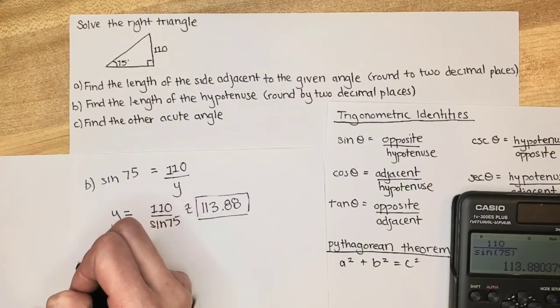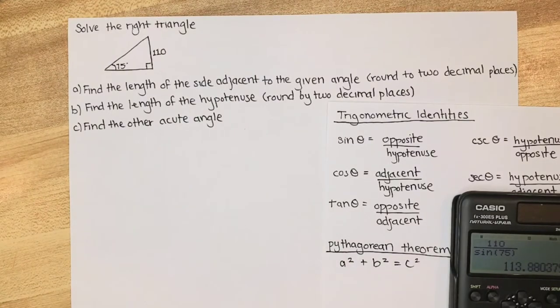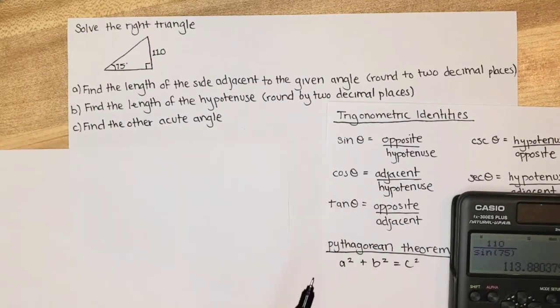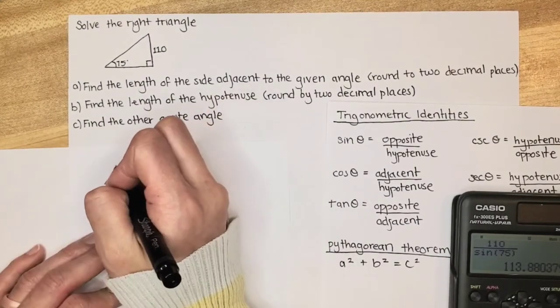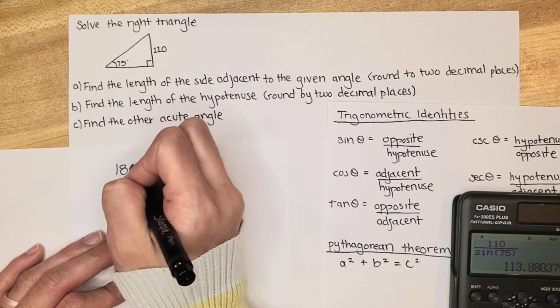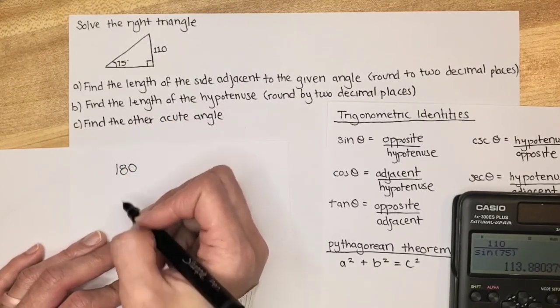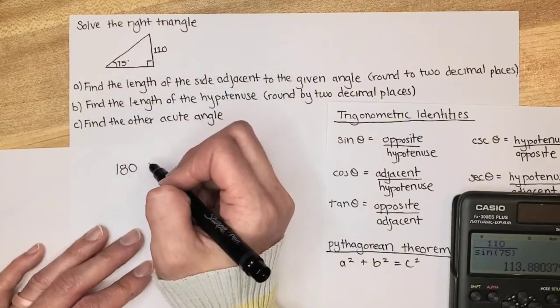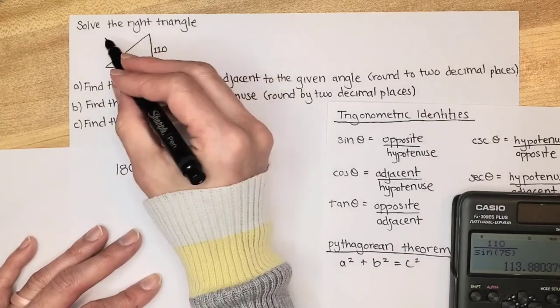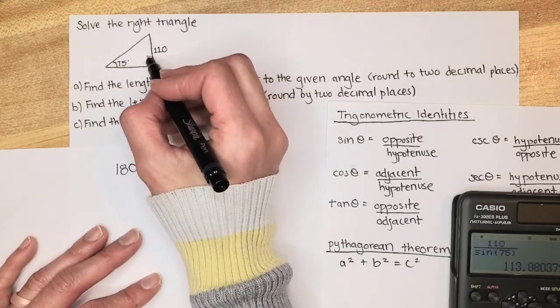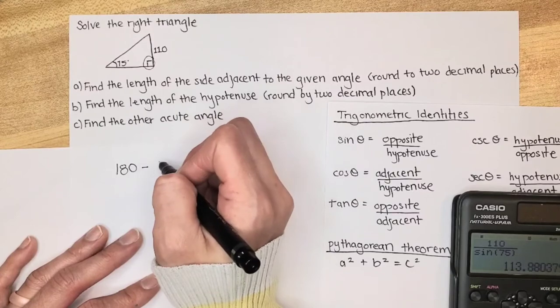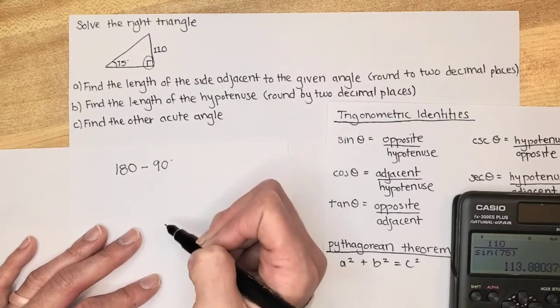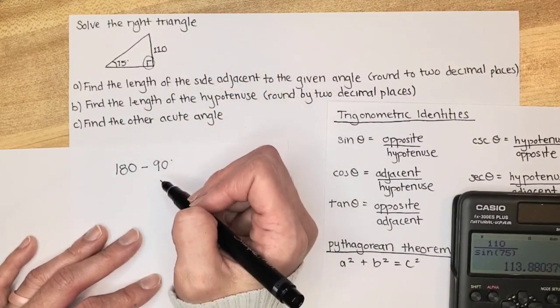For C, when we're trying to determine what the other acute angle is, this is a simple one to remember. When we solve for a right triangle, we have to recognize that the sum of the angles of a triangle is 180 degrees. Because this is a right triangle, one angle is automatically 90 degrees because of the right angle.